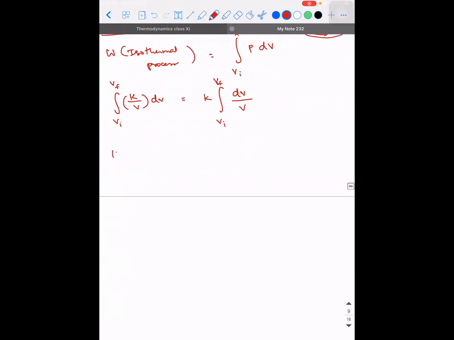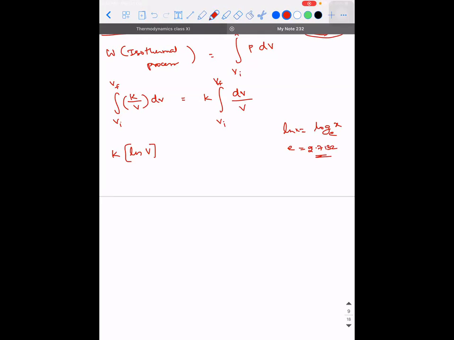Right? So K into integral of 1 by V is written as, see, you people don't have it in your 11th standard syllabus, but have it in your mind. It is written as ln V. Ln x is nothing but log of x base e, where the value of e is 2.7132.